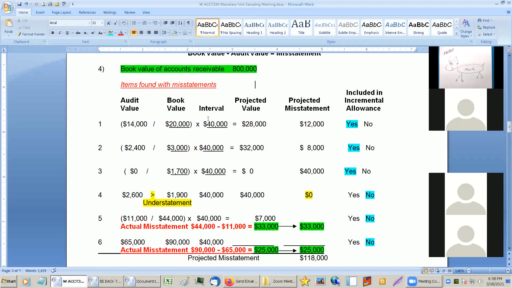I'll give you a hint. The interval was $40,000. The book value was $800,000. Should be a dollar sign there.